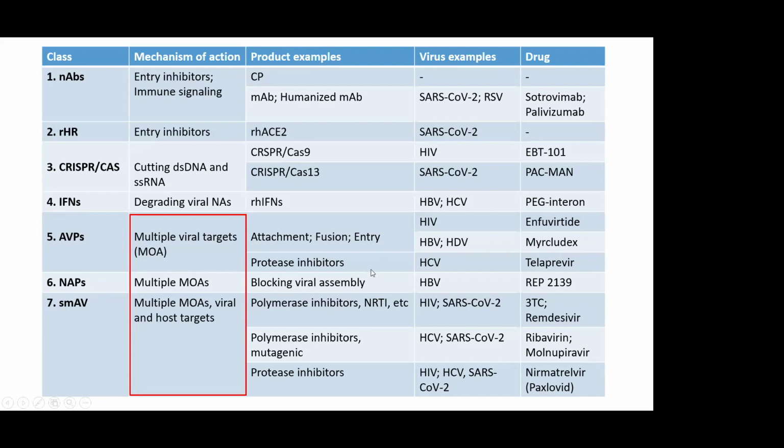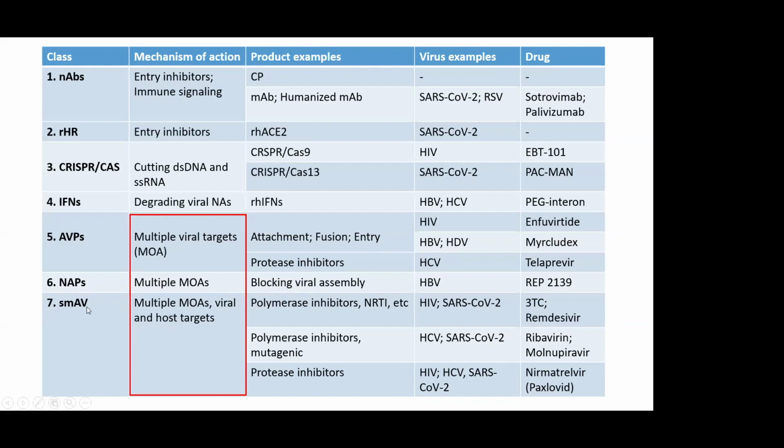But also Telaprevir, if you remember, that's one of the first directly acting antivirals that was produced against hepatitis C. It's a protease inhibitor, but it is a peptide. Look at the NAPs. The NAPs also can do different jobs.